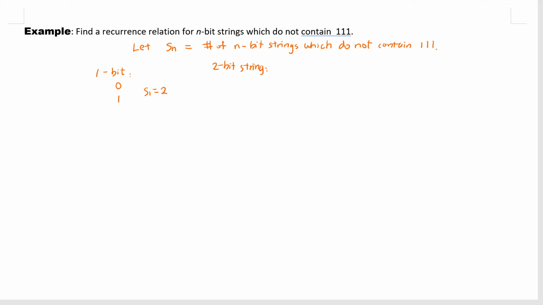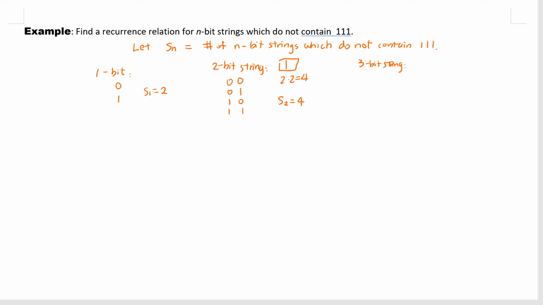it's like we have 2 boxes. Each box will be filled with 0 or 1. Each box we have 2 choices. So 2 times 2 is 4. And they are 00, 01, 10, 11. Okay, so S_2 is 4. Well, how about 3-bit strings?